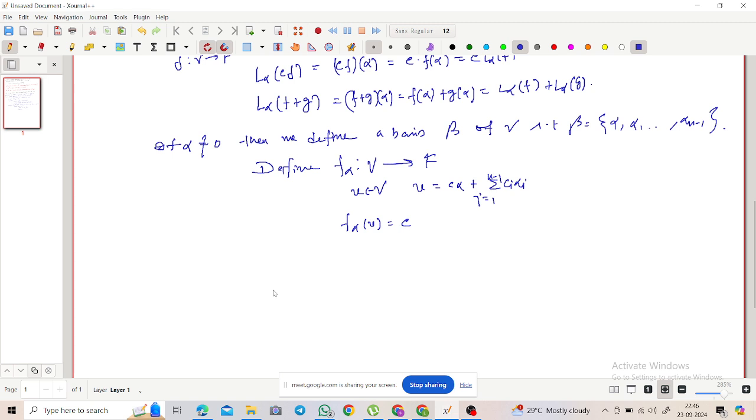So clearly you can notice that f alpha of alpha is 1, right? That is clear. So what is L alpha of f alpha? That is f alpha of alpha, that is 1.